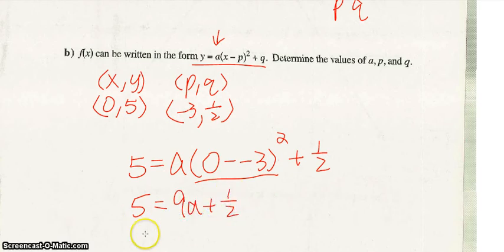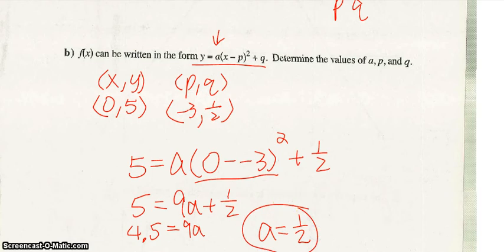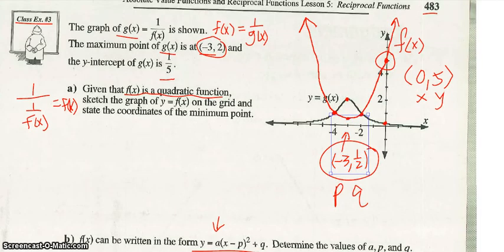Move the half to the other side. It's 4.5 equals 9A. Well, 4.5 is 9 over 2. Finally, divide by 9. A is half.